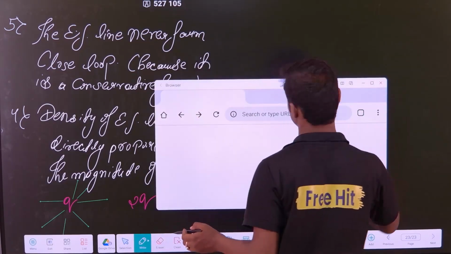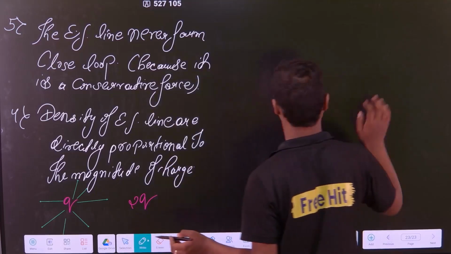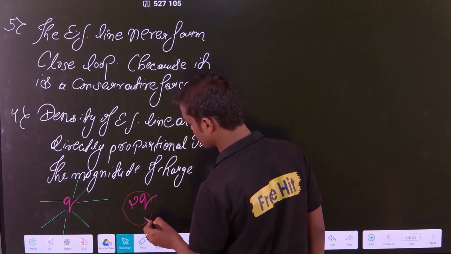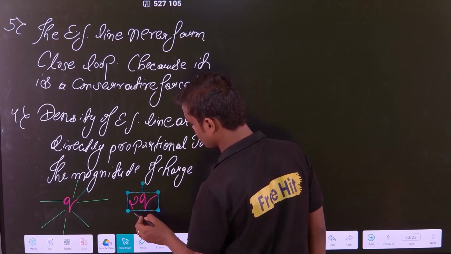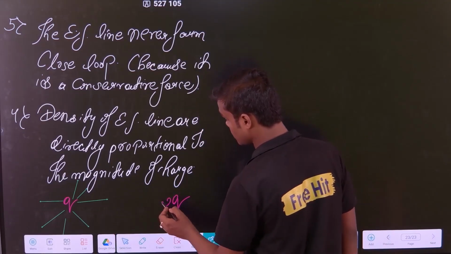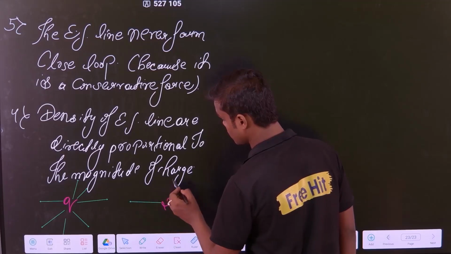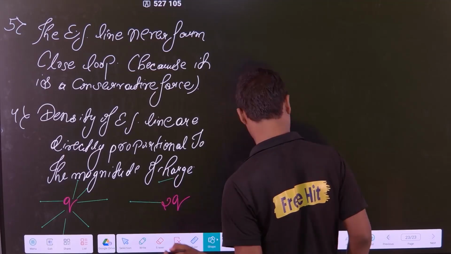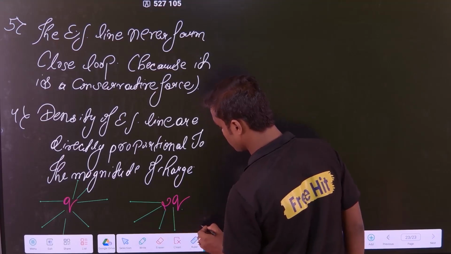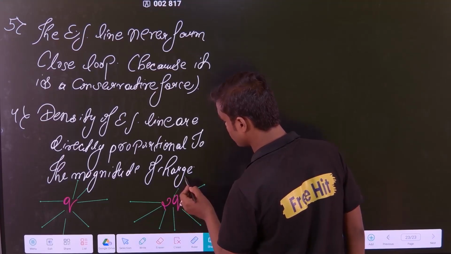What I am trying to say is that this charge is more, so you will get more number of field lines from here. Means the density will be more.